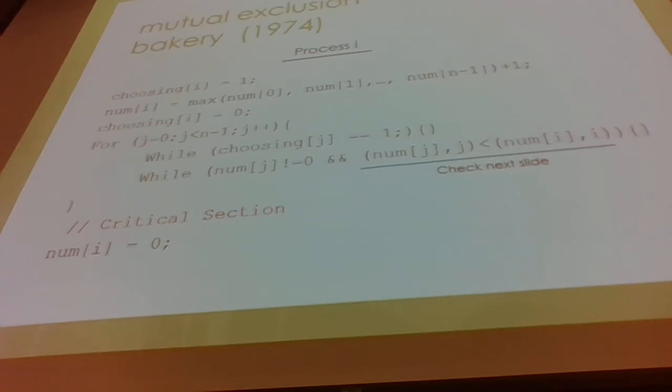Now the way the token is selected, if two processes are slightly off, they don't come at the exact same time, then they will definitely have different tokens, because token is max of num plus 1. They will definitely have different tokens.